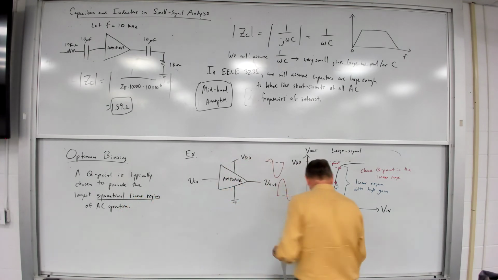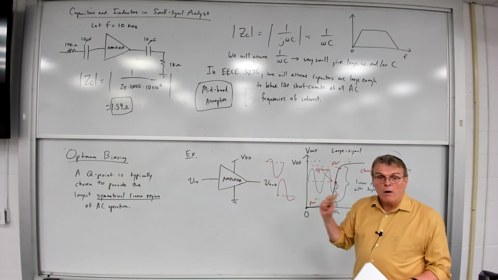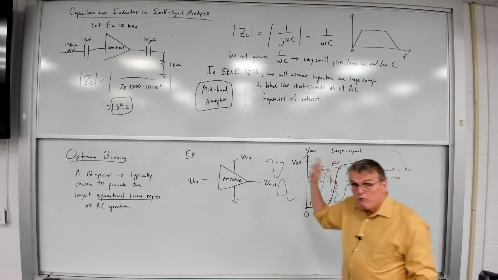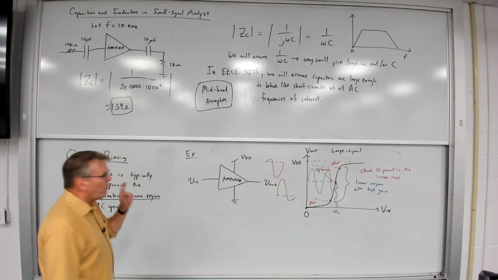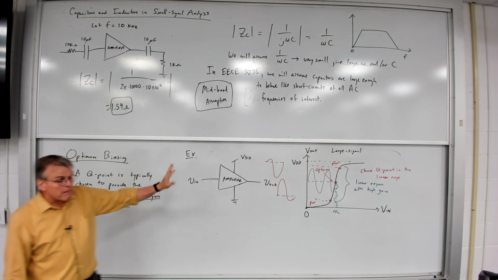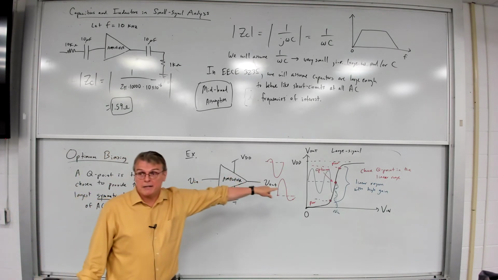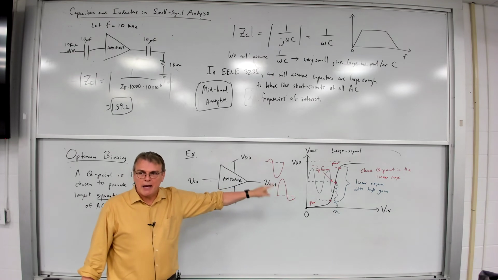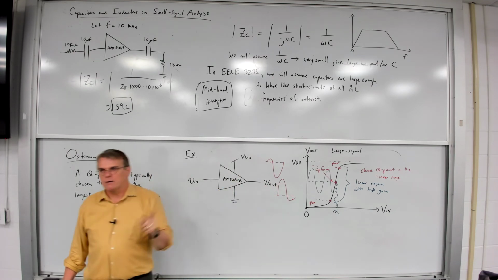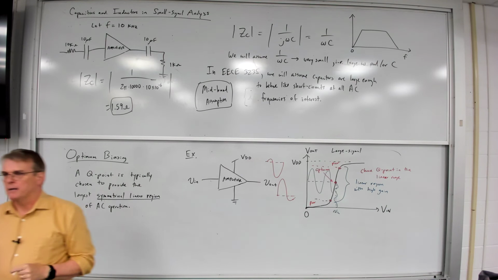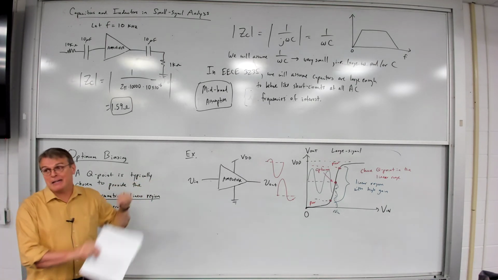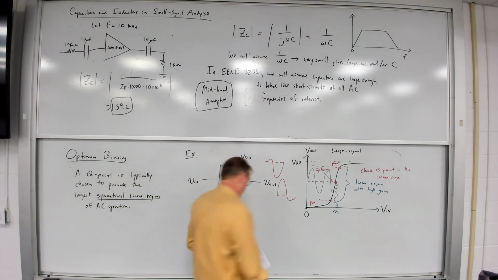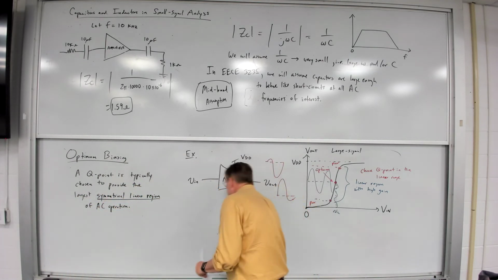All right? You're going to see this over and over again. I bring this up now because it's an important thing to keep in mind. I'm going to move on now, but we'll come back to this. You're going to be thinking about how to choose Q points later on as we start looking at transistor design. So we'll come back to this later, but I wanted you to start thinking about it now. Okay?